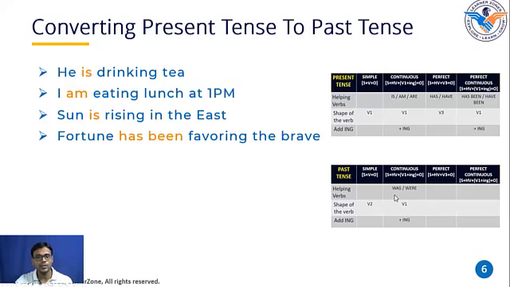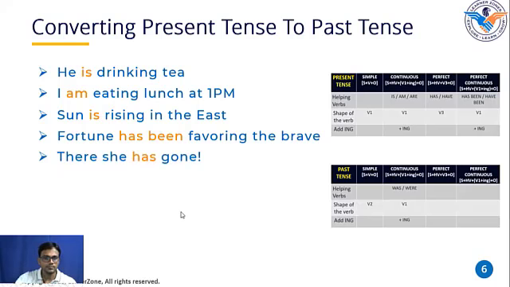Which helping verb should we use in front of the pronoun it? It was. If I want to convert this sentence into past continuous tense, then I have to use was. Fortune was favoring the brave, because favor is the first shape of the verb, and we add ing. So this remains the same. Fortune was favoring the brave.